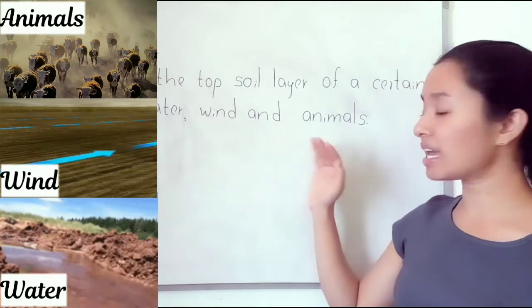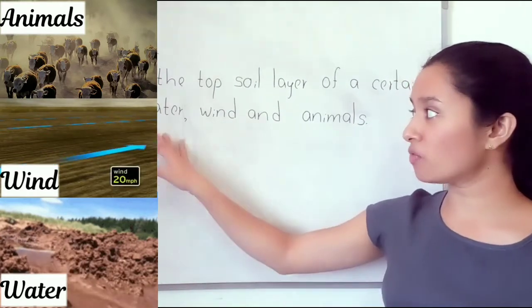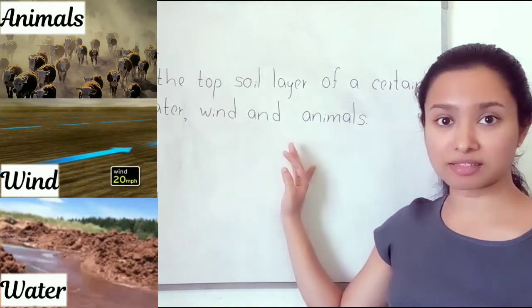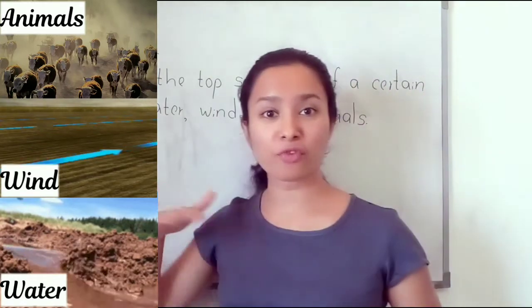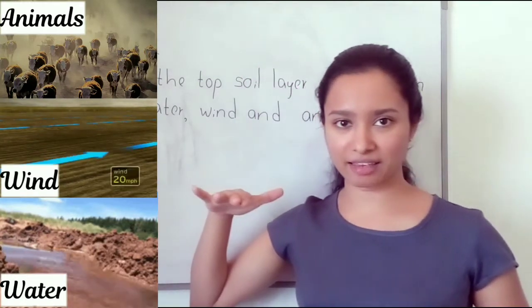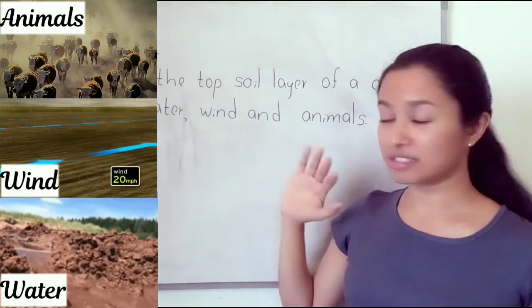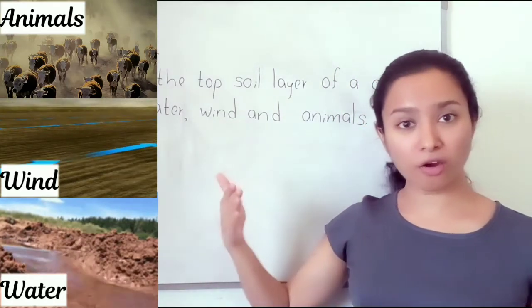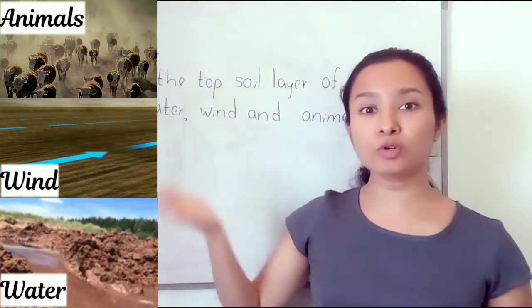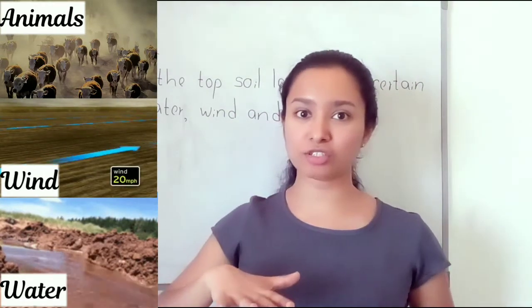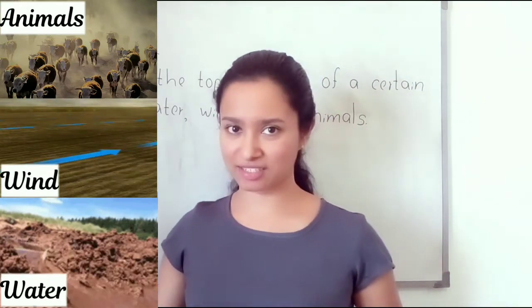Water, wind and animals help to remove soil from the top layer. So what is soil erosion? Removal of the top layer of the soil and moving it from one location to another.